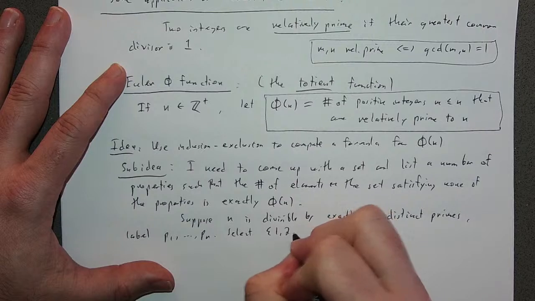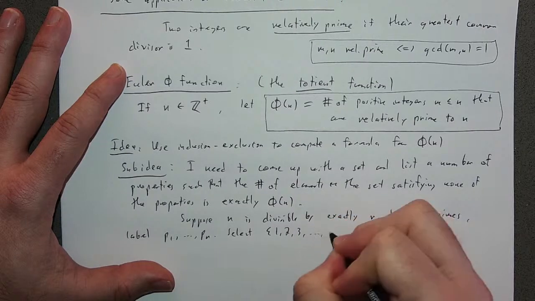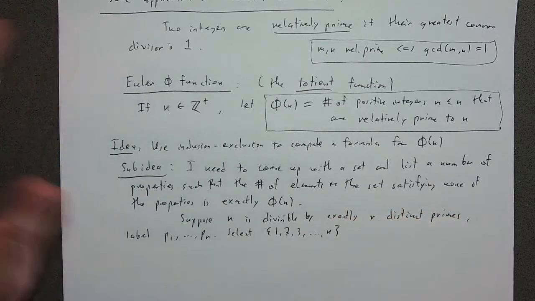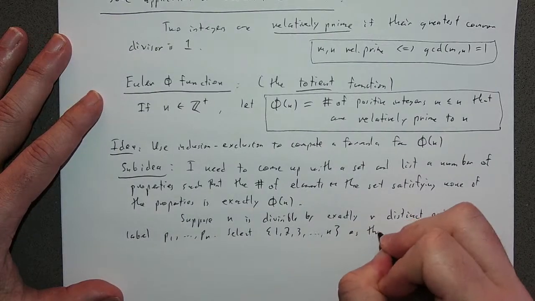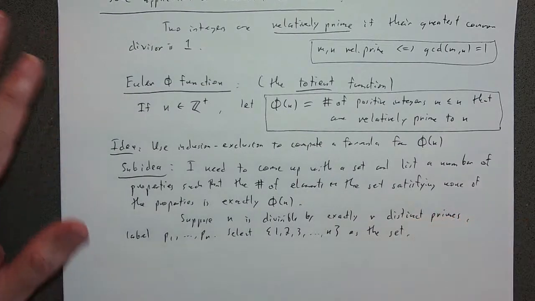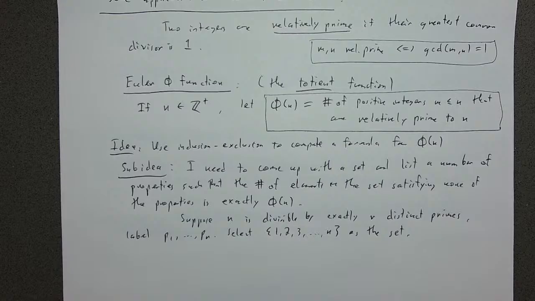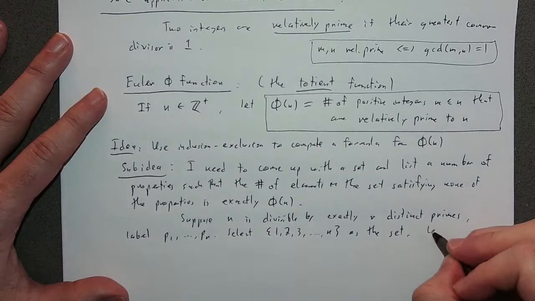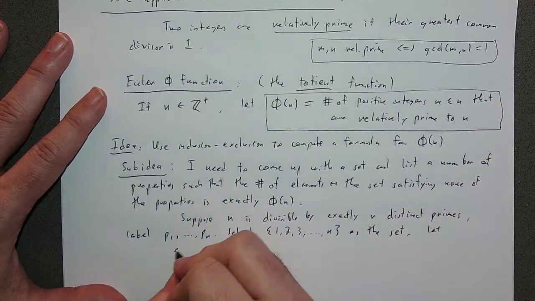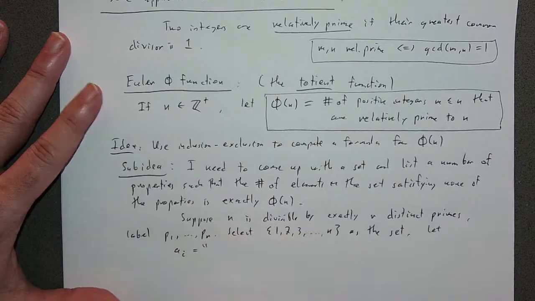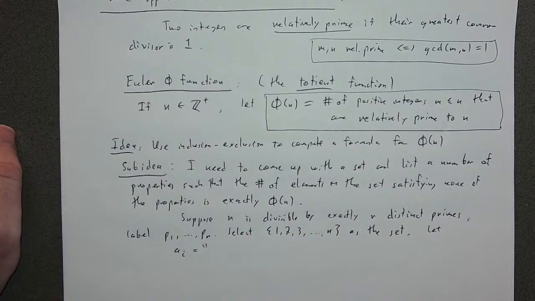Select the set of the first n natural numbers as your set, let A sub i be the property is divisible by p sub i.